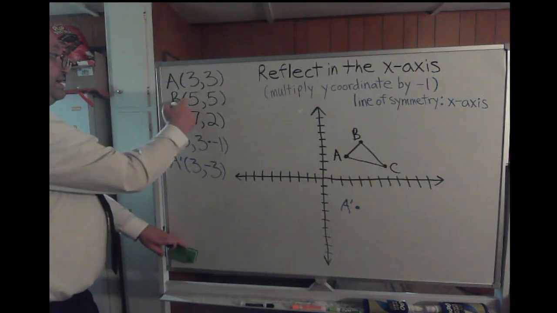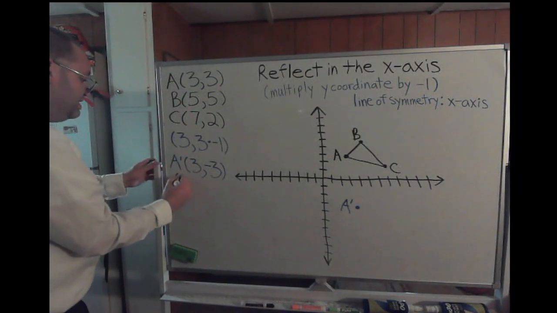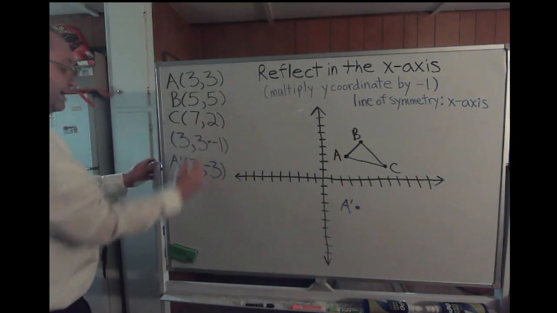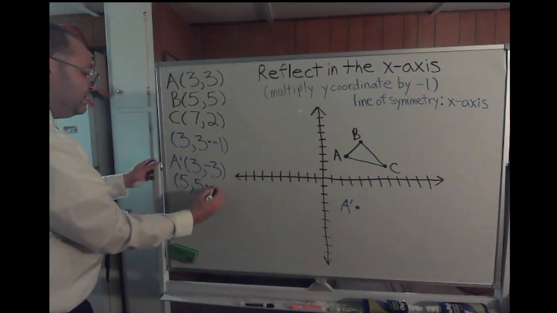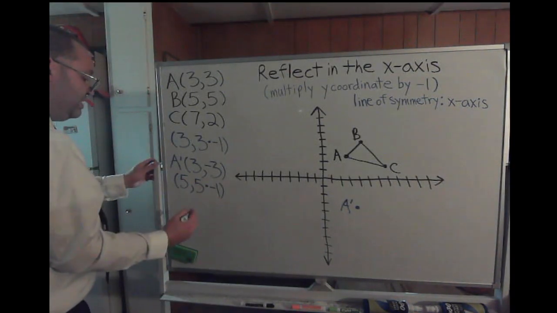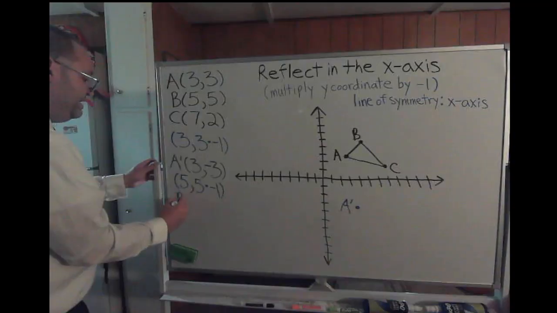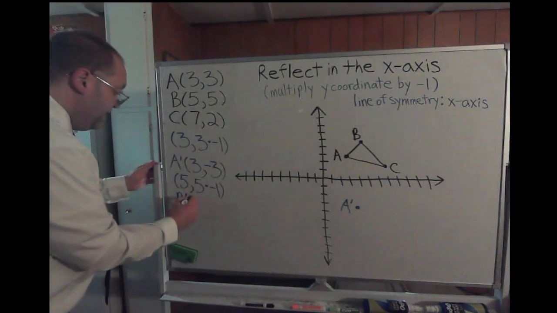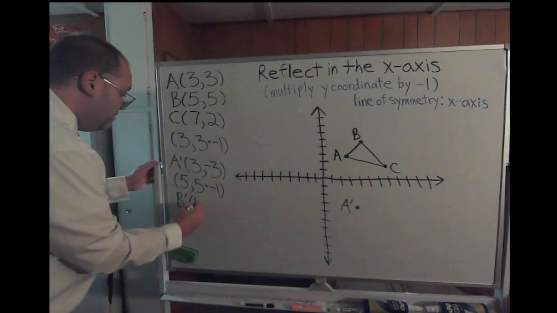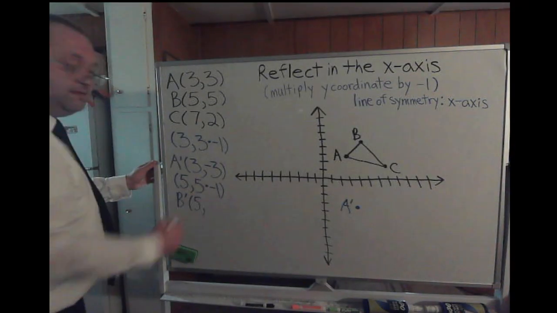Alright, let's look at B. Let's look at 5, 5. So again, you leave your x-coordinate alone, but you take that y-coordinate of 5 and multiply it by -1. So that means your B prime coordinate has the x of 5 left alone, but the y-coordinate is 5 times -1.